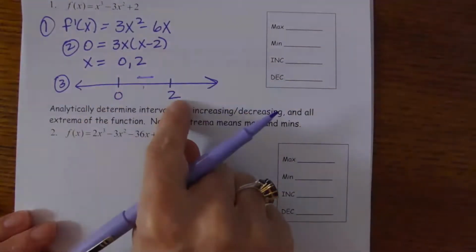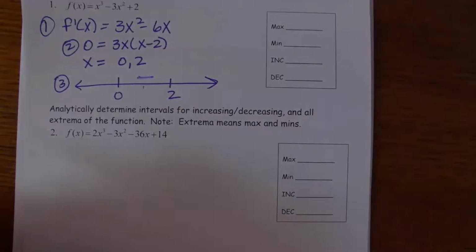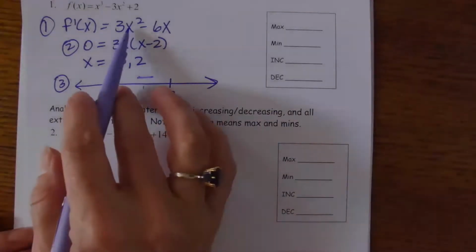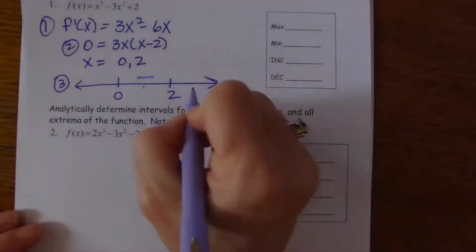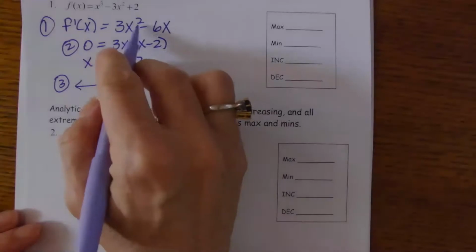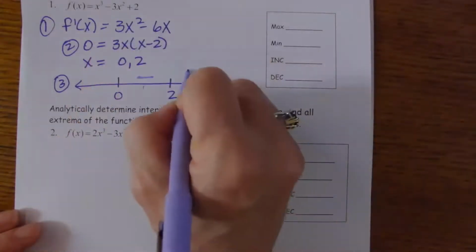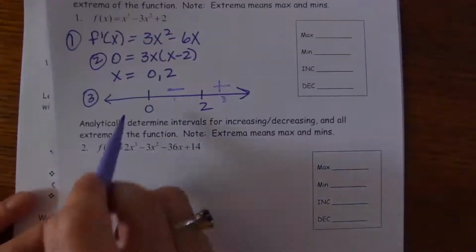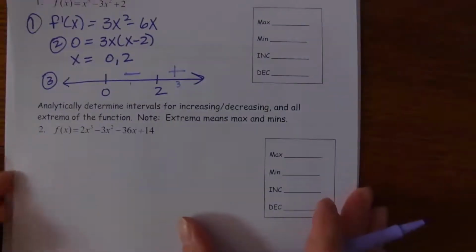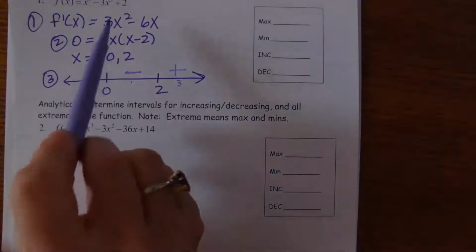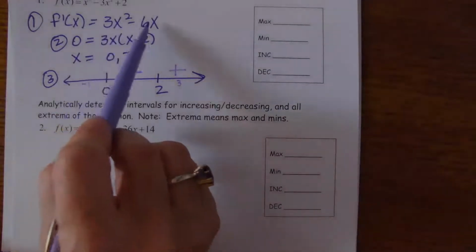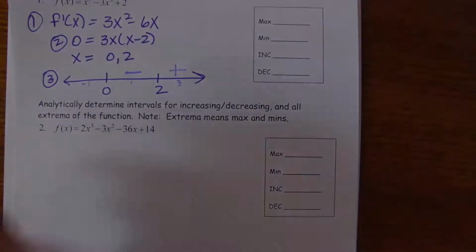Now, if you take a number bigger than 2, 3, and you plug it in here, would you get a positive or negative outcome? Well, if I put a 3 in, 3 squared is 9, that's 27, that's positive. If I put a small number in, like -1, that's on the other side of 0. I'm going to get 3 minus -18, so that's going to be what?